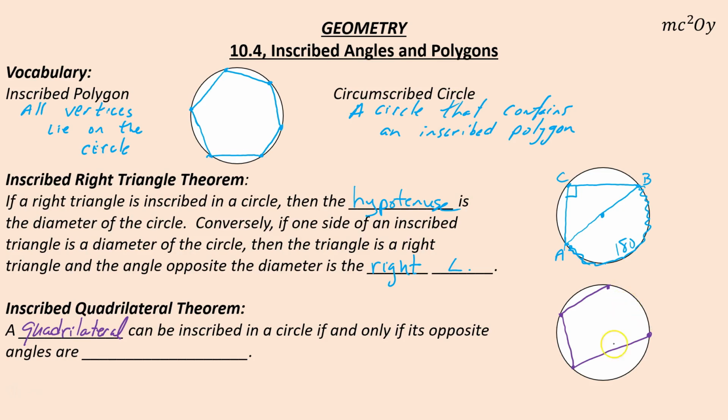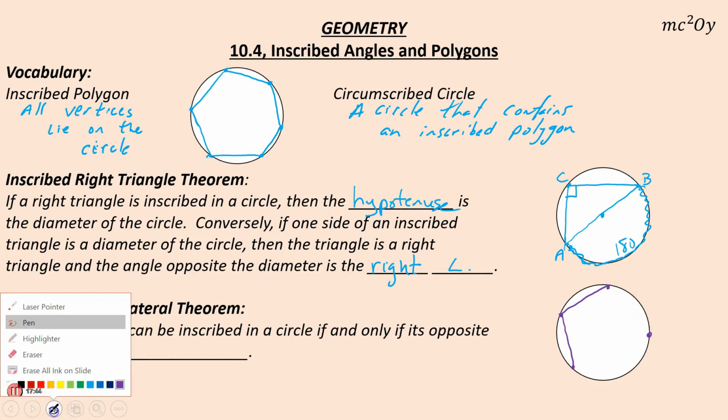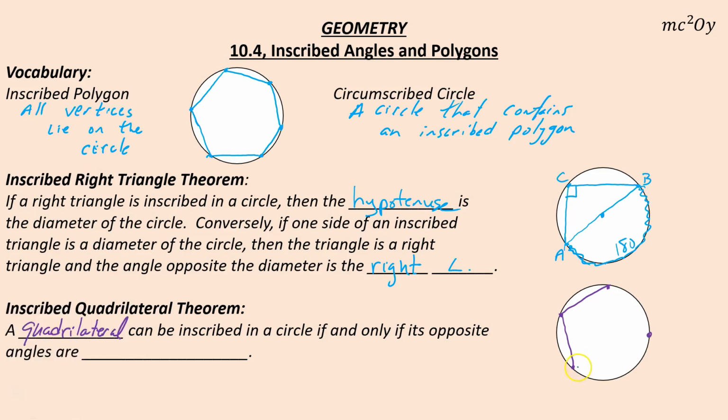you know what, I'm going to switch some colors up here. Let me switch some colors on my opposite angles. So let's do this. If we were to call this, say, angle A, actually let's go Q, R, S, T. Angle Q is subtended by arc RT.